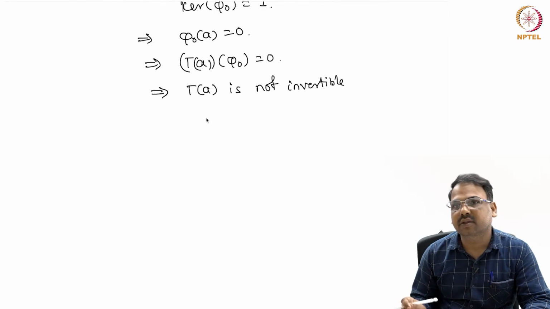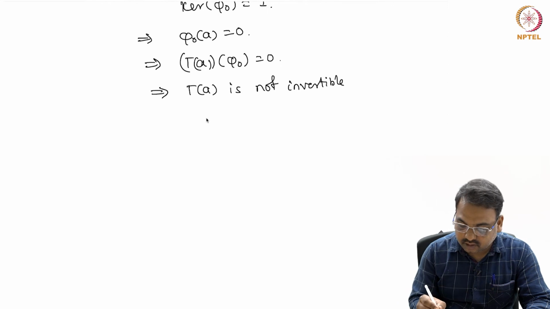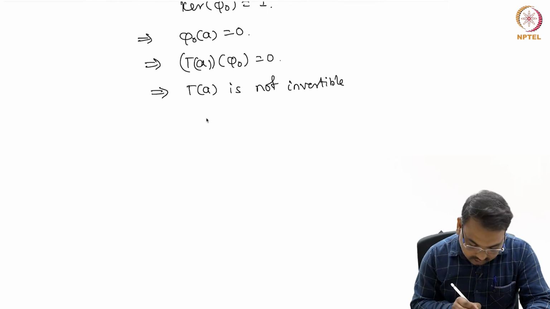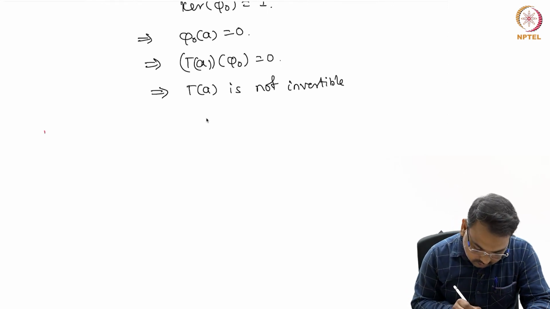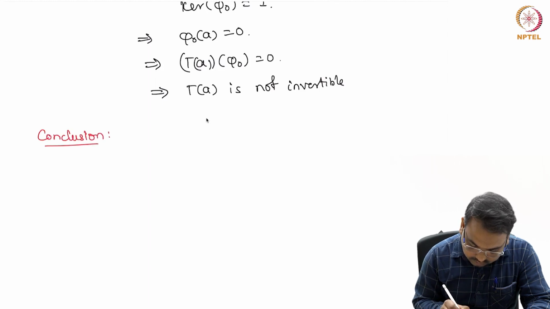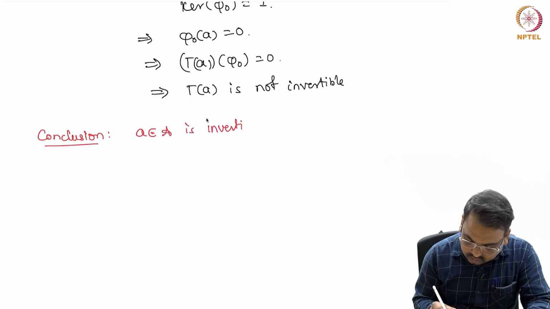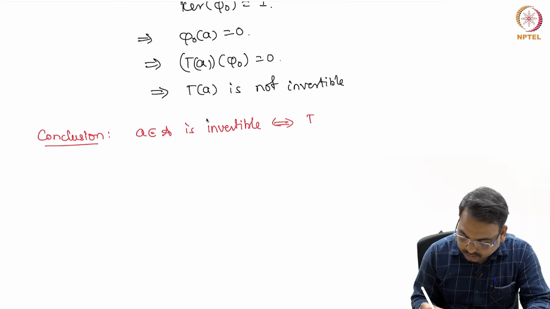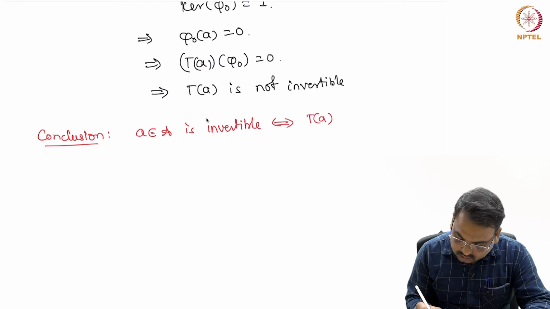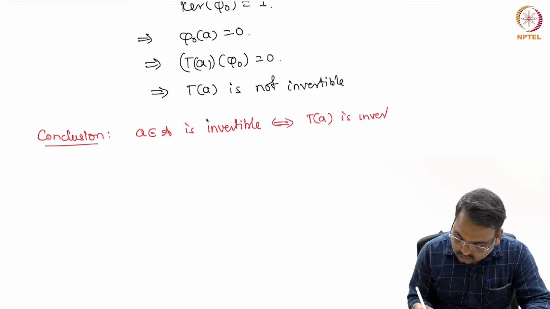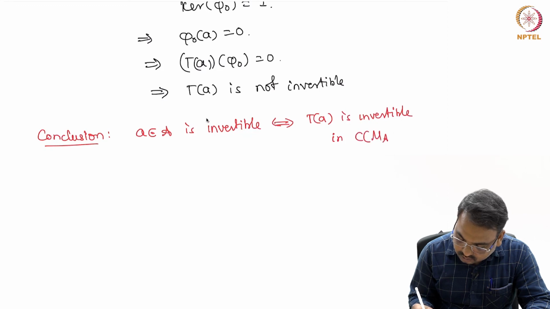So when A is not invertible in A, we have shown that gamma A is not invertible in C of MA. But earlier we have shown that whenever A is invertible in A, gamma A is also invertible in C of MA. So from these two results we can say that A in A is invertible if and only if gamma A is invertible in C of MA.